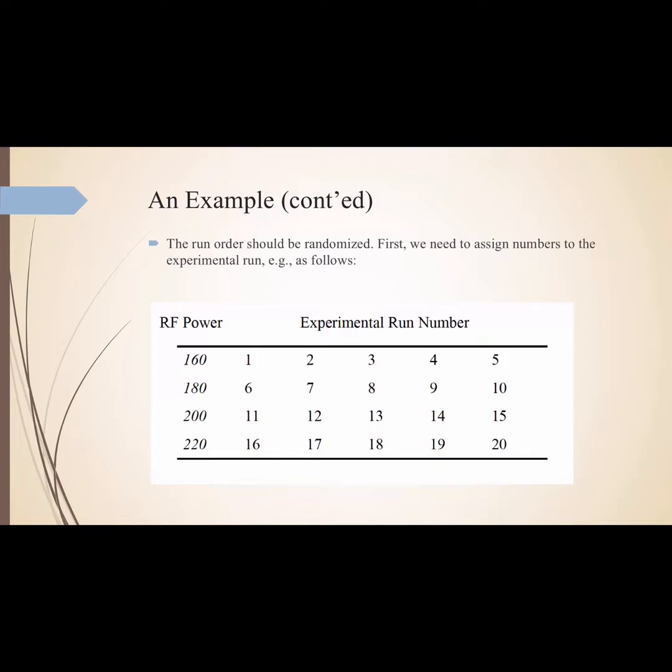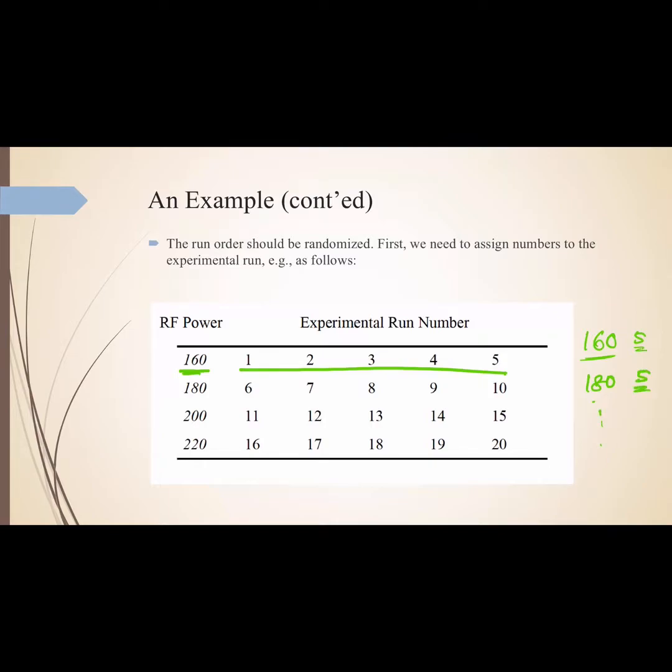Now, one important thing in experiments like this is that the run order should be randomized. We have decided that at each of the power settings we will test 5 different wafers, right? So the power setting that you test with should be random. You cannot say that first we'll test all the 5 wafers at the 160 power setting, and then we'll go to 180, so 5 wafers here, and then at 185 more wafers, and so on.